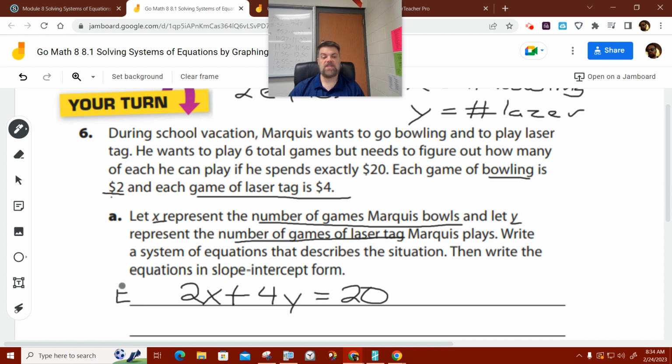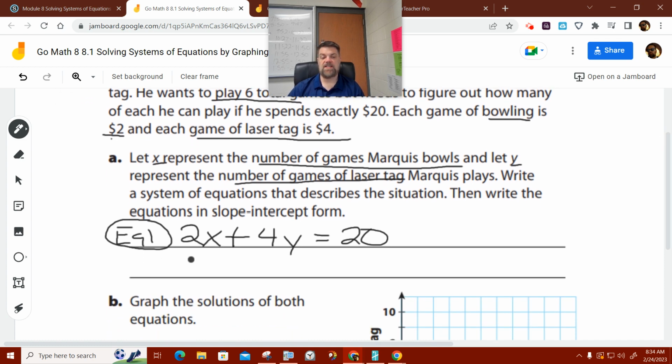How do I come up with the second equation? Well, they give us a clue. He wants to play a total of 6 games. So, could I say X, which represents the number of bowling games, plus Y, which represents the number of laser tag games, has to equal 6? Right? So this is the dollar amount here, and this is the number of games.